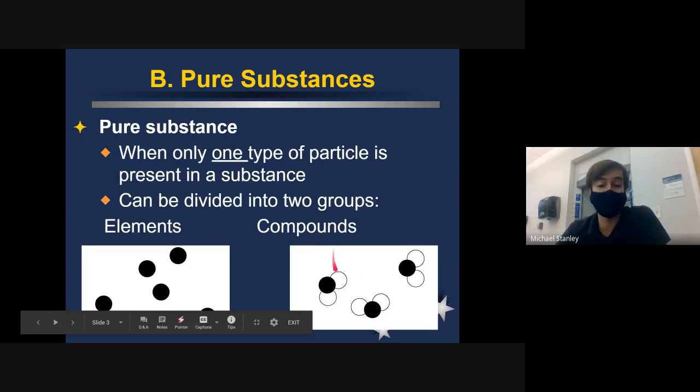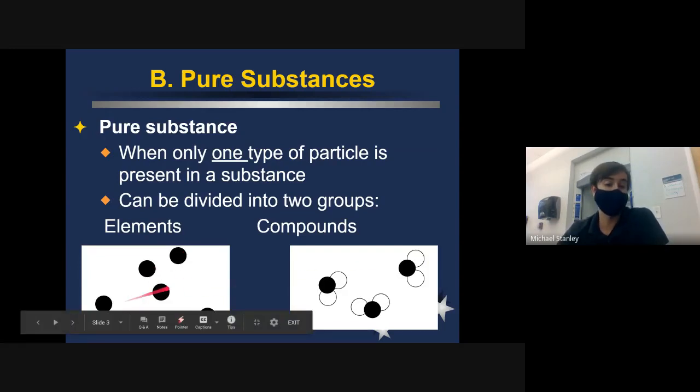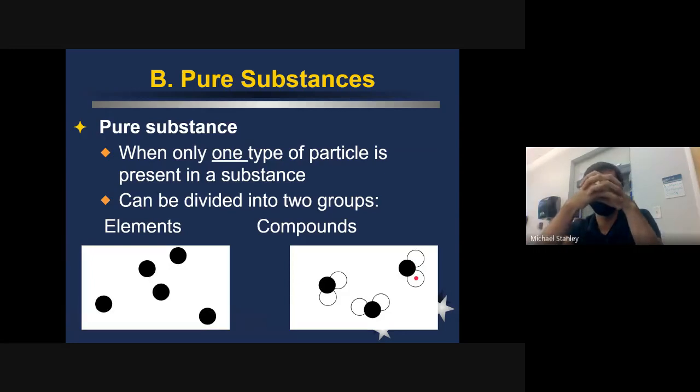But because it's the same compound, it's still a pure substance. So the only type of particle in this substance is this one single compound, which is what makes it a pure substance. So elements are when we have just the single atoms on their own, the single type of atom. Compounds is when we have different atoms that are fused together, that are kind of chemically stuck to each other. That's what gives us a compound.